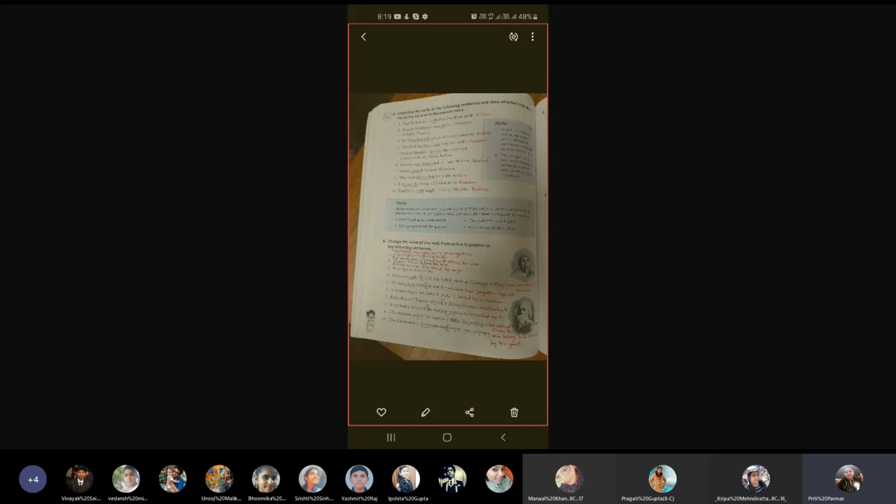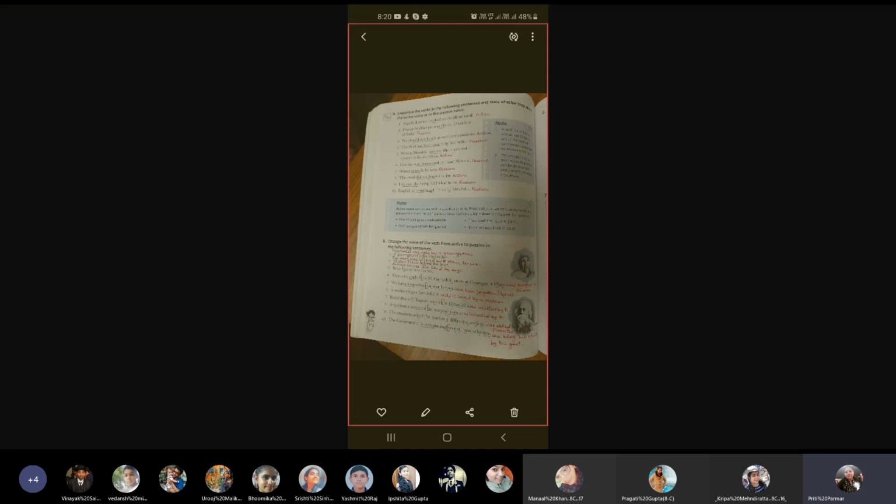Did not break is the verb and it is in the active voice. I do not like being told what to do. Do not like is the verb and it is in the passive voice. Number 10, English is being taught to us by Mrs. Saha. Is being taught is the verb and it is in the passive voice.